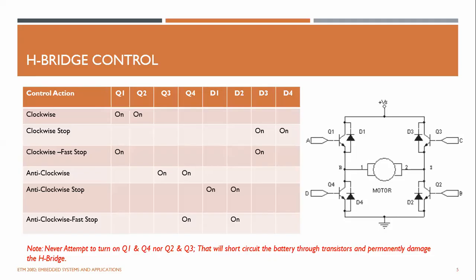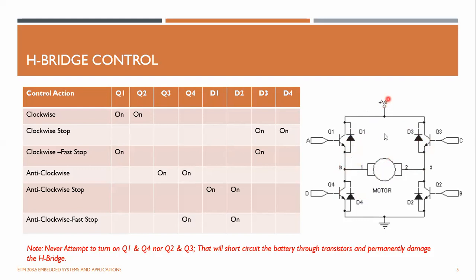Now you can see the H-bridge controller. This is the internal hardware of an H-bridge controller. We can see it has 4 transistors, and the motor is connected to the bridge in this way, right? In the middle of this leg and the middle of this leg, the motor is connected.